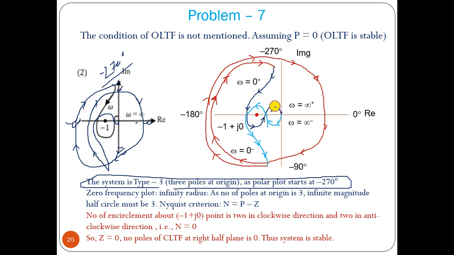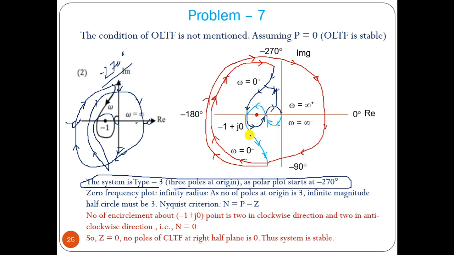After that we have this 0 radius plot due to the infinite radius in the Nyquist contour. In the Nyquist plot that becomes 0 radius.